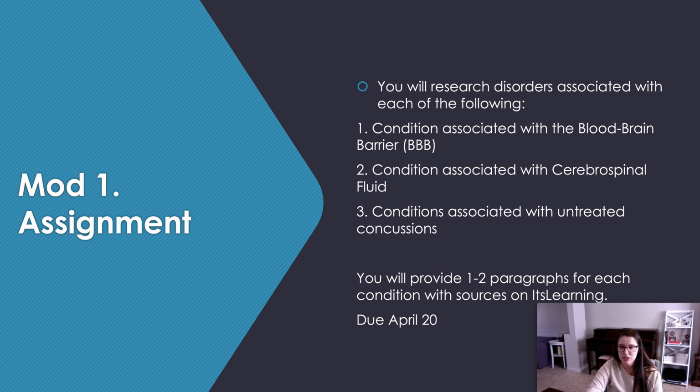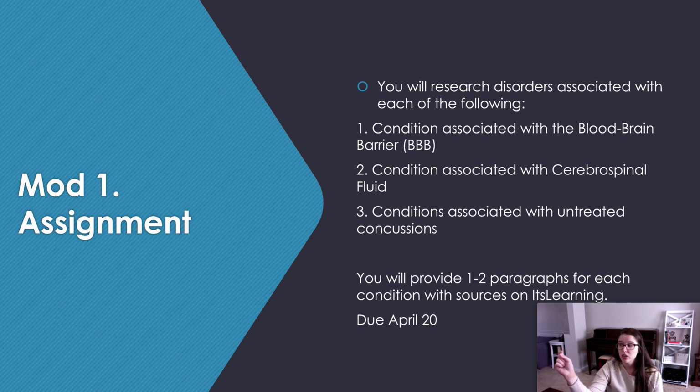Finally, let's get to our assignment for this week. So you're going to be researching 3 different disorders. Your first condition, I want you to look up a condition related to the blood-brain barrier. You have a couple of options here.